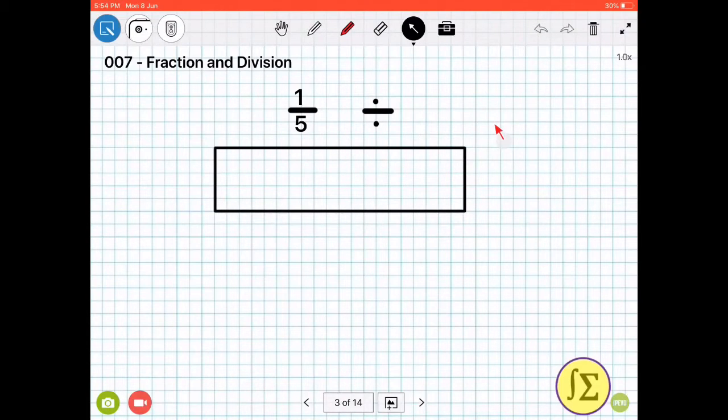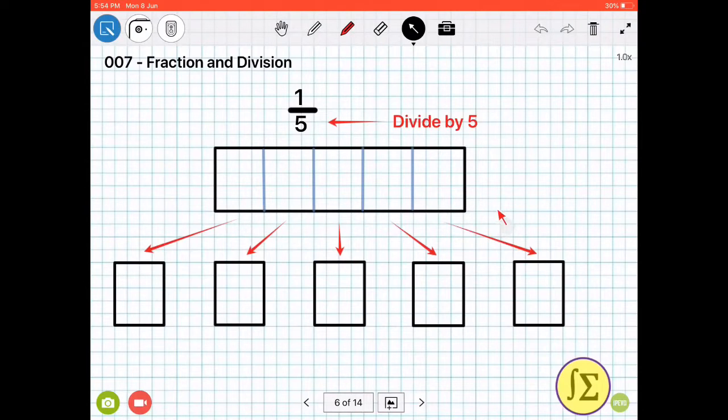So to demonstrate how fractions are related to division, let's look at a unit, for example, one rectangle. So 1 over 5 means we have to divide this rectangle into 5 equivalent units. We have done that, and let's separate them out. There are 5 separate parts of equal size, and each of these parts will have a value of 1 over 5.